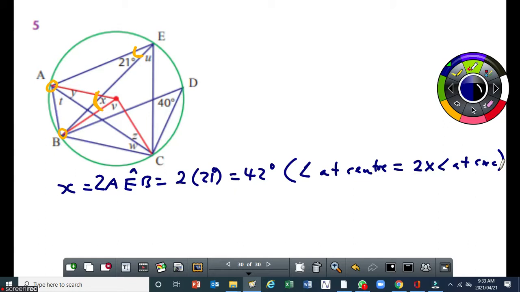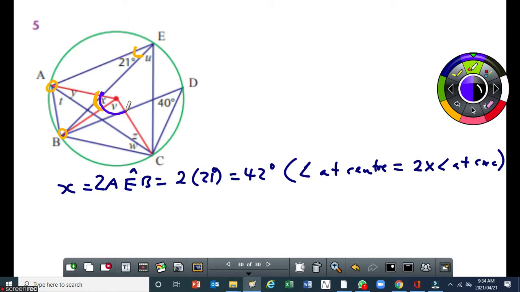Fortunately, we know the size of this whole angle. We know X. We know V. So this whole angle, X plus V, we know. Am I right to say so? Because we found X, we found V.